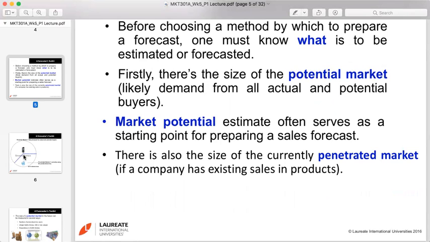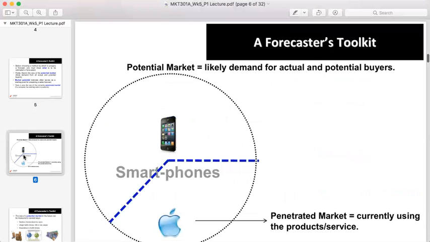And there is also the size of the currently penetrated market that we need to consider if a company has existing sales in the industry. So if we look at the potential market, let's say the circle reflects the entire market, which is basically likely demand, as we discussed before, for actual and potential buyers.